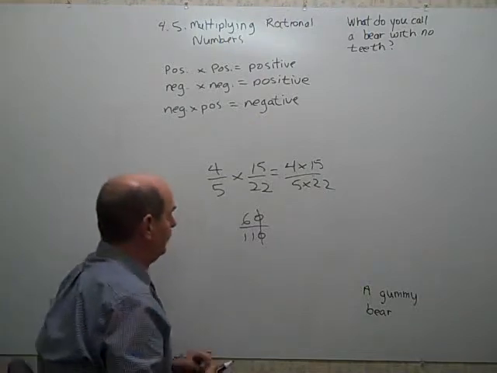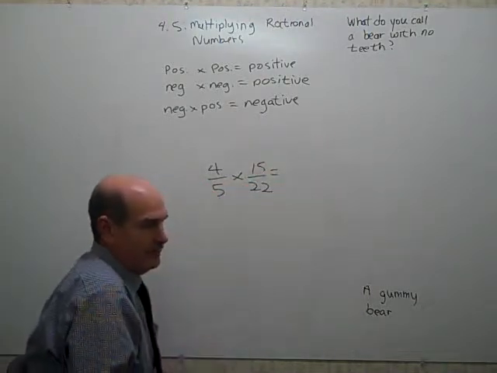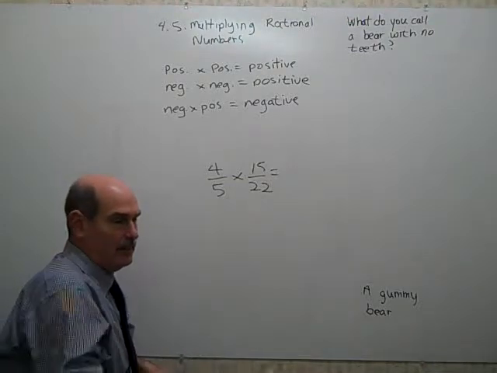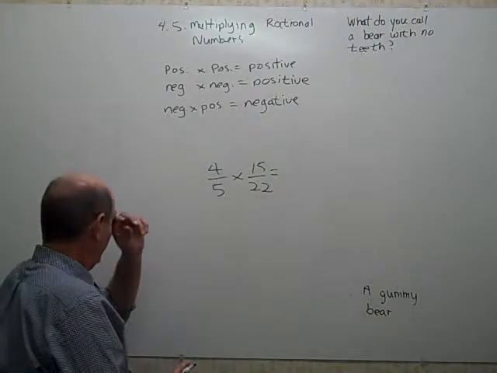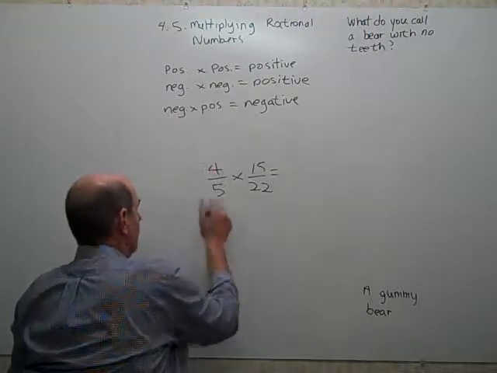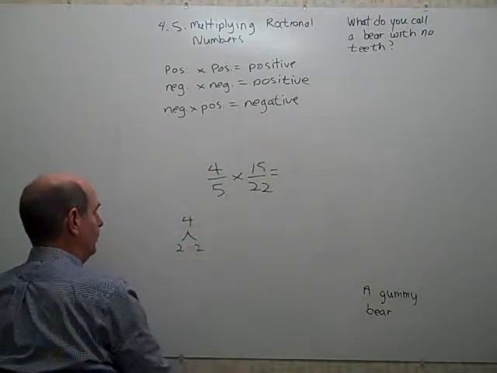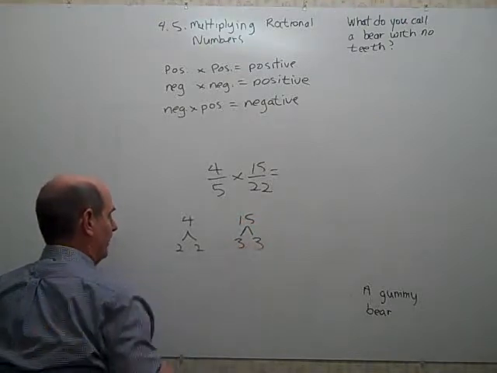There's another way to do that, and this is pretty significant for your understanding and what's coming up with multiplying algebraic expressions in this lesson. And that is, you can take 4, and when you do the prime factorization, that's 2 times 2. 15 is 3 times 5.